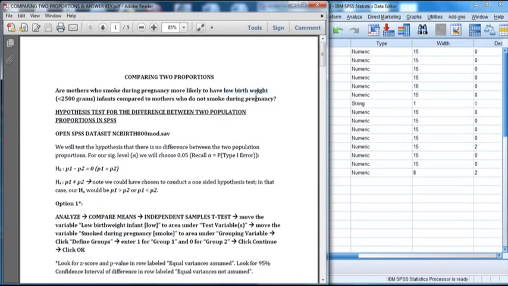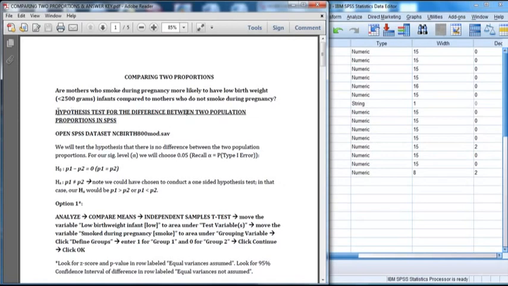Dichotomous meaning two groups or binary, which is low birth weight. So we have two populations here, those mothers who smoked and those mothers who do not smoke. And what we would like to do is compare the proportion of low birth weight babies. And we want to know whether or not they are equal or different.